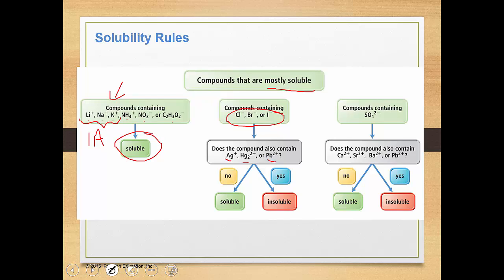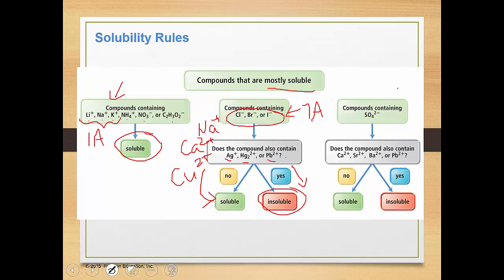If you have silver, mercury, or lead with any of these, and notice these are all group 7A compounds, then you're going to go this way, and it's insoluble. So those are the three exceptions. Otherwise, any other cation you put it with, if you put it with sodium, or calcium, or copper, any of those, then it's going to be soluble. Those are going to dissolve when you put them in water.